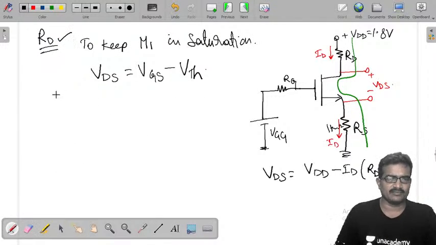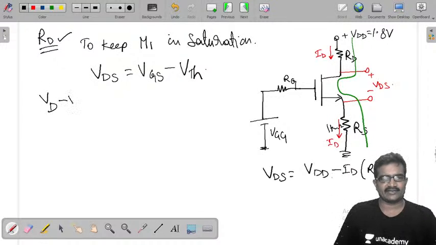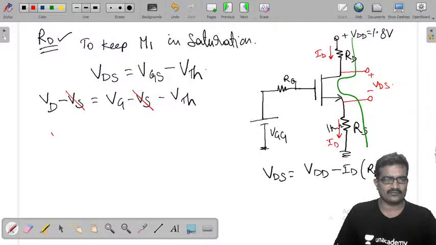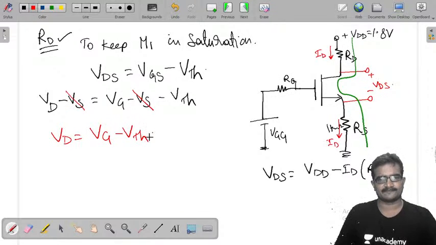To simplify the process, VDS can be written as VD minus VS, which should be greater than or equal to VGS minus VTH, that is VG minus VS minus VTH. Now VS cancels on both sides. Therefore the final relation is VD greater than or equal to VG minus VTH.